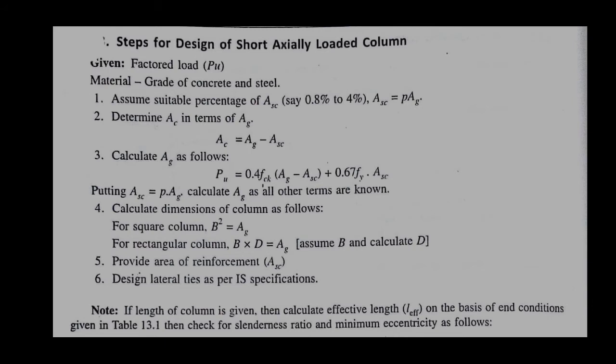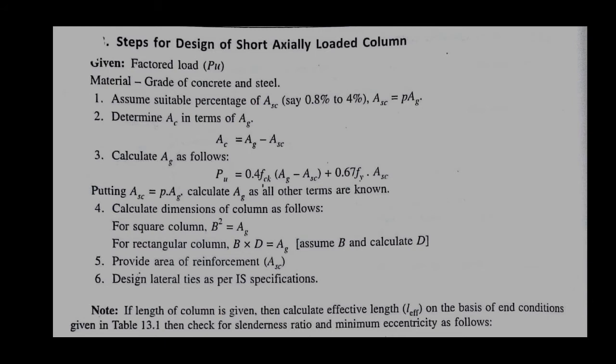Now, determine Ac in terms of Ag. So, Ac means area of concrete, which is definitely in between Ag. So, Ac equals Ag minus Asc. You can write it. Now, calculate Ag as follows.